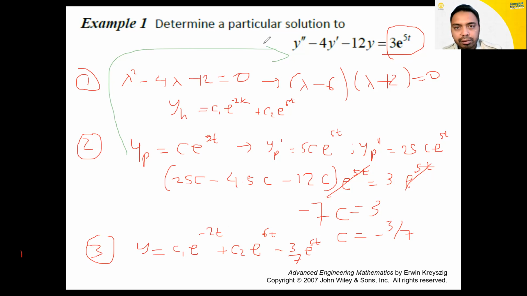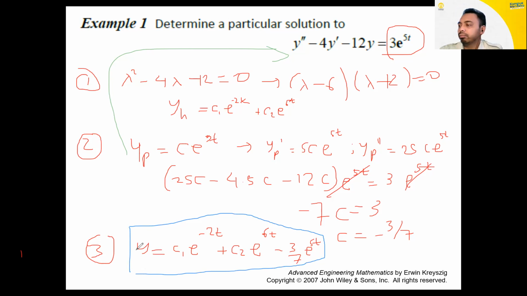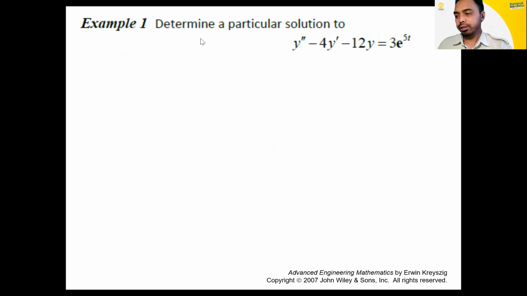So this is going to be your general solution for that ODE. Any questions? And if you are required to sketch that, this is also going to be an overdamped spring and mass system. No questions?